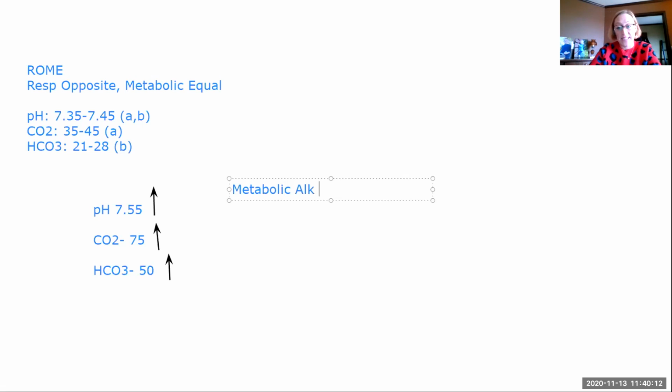CO2 is an acid. So it's getting higher, it's getting more acidotic to correct the alkalosis problem. Okay, that makes sense. So it is partially compensated because it's trying to correct it. The respiratory system is trying to correct the metabolic problem.